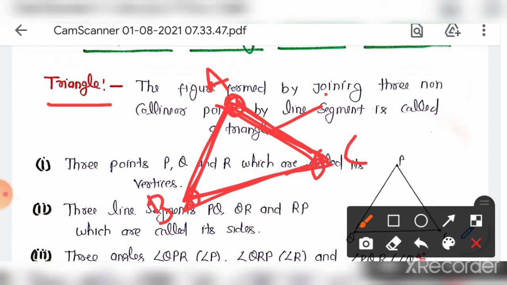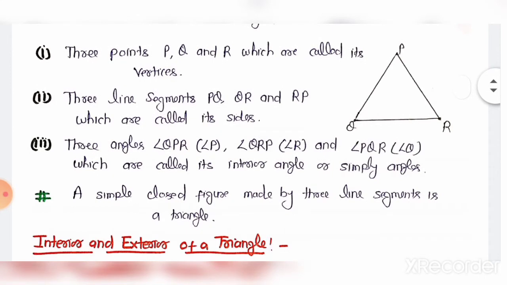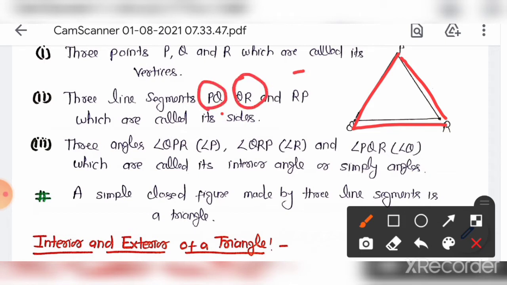Next, the line segments PQ, QR and RP are called the sides of a triangle. So the three lines PQ, QR and RP are the sides of a triangle.